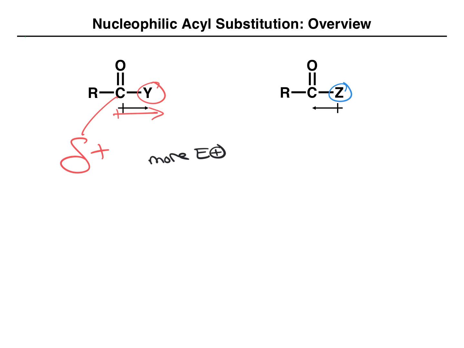If we had a group that could release some electron density, then that is going to leave this carbon, we can think of it as having a smaller partial plus charge, and so it would be less electrophilic and less susceptible to nucleophilic attack. Now, as we're thinking about carboxylic acid derivatives, we have our carbonyl connected to an oxygen or to a nitrogen or to a halogen. And all of these are more electronegative than carbon.